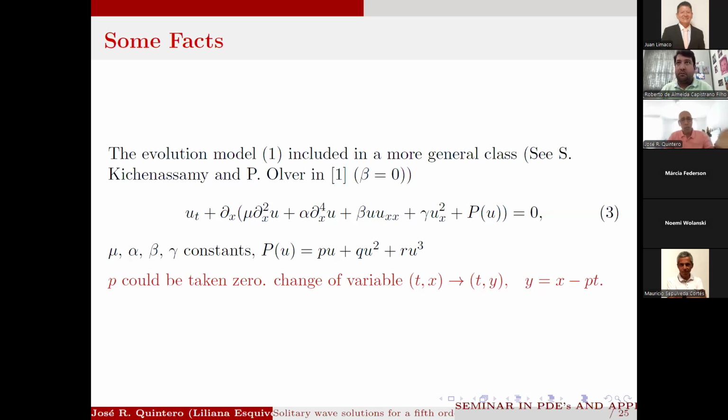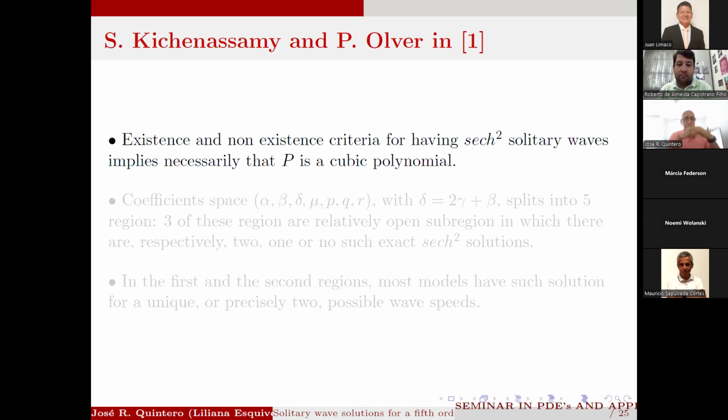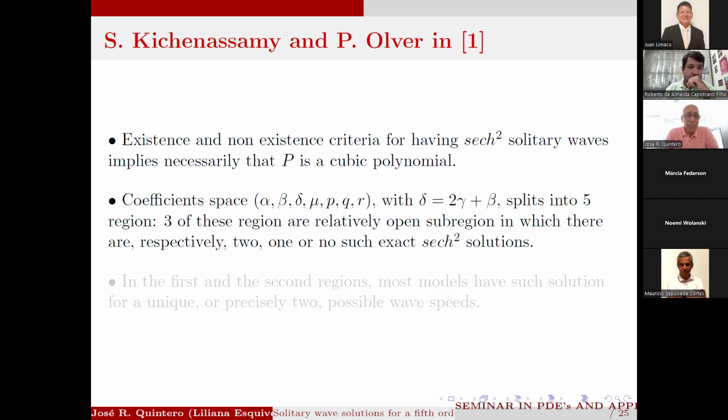I'm going to mention some comments about this work by Kichenassamy and Olver. They look at existence and non-existence criteria for having sech-squared type solutions for this problem. The first thing is they only deal with cubic polynomials. When they plug this information in the model, P has to be cubic. They were able to determine what type of coefficients can be used to get this type of solution.